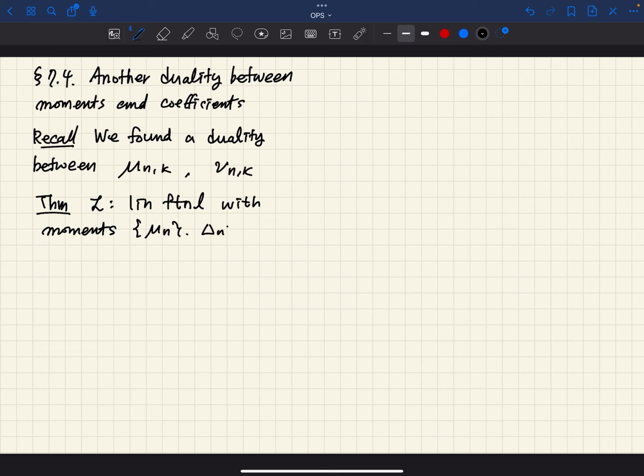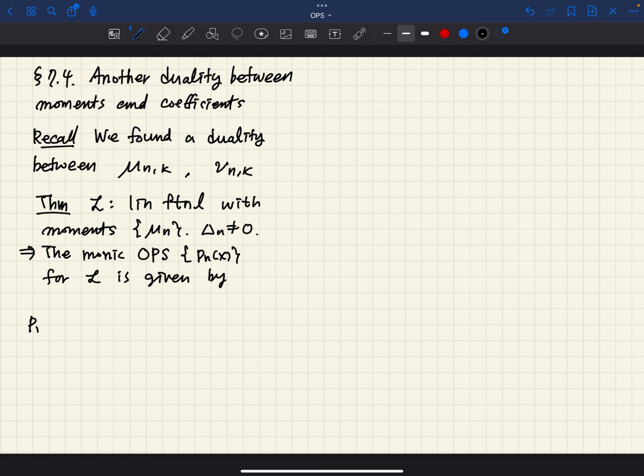And we assume that the Hankel determinant is non-zero, and we know that there is a monic OPS. Then the monic OPS, we know there is a unique monic OPS for L, is given by this formula.